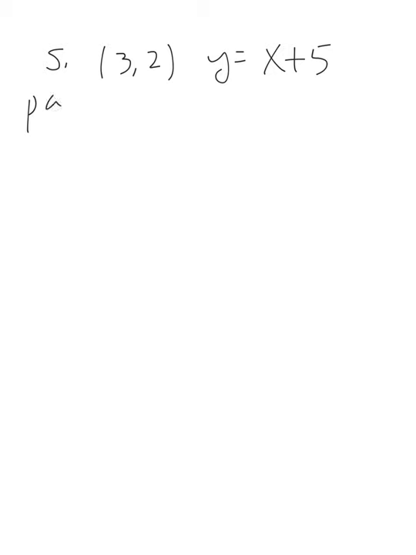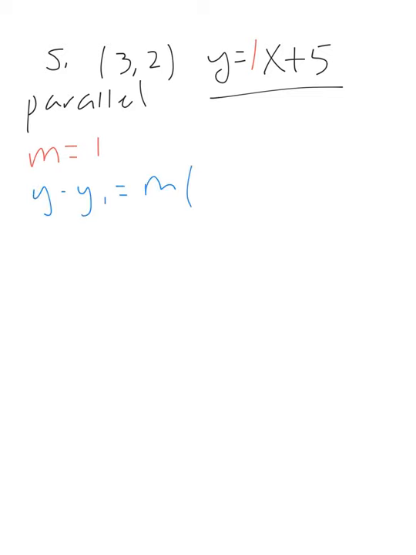And we want the equation that is parallel to this, but goes through 3, 2. So we know we have a 1 in front of the x. Our new slope must be the same, so it's a 1. And we are going to use point slope formula and simplify it to get our new equation.